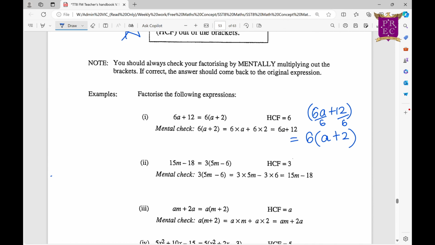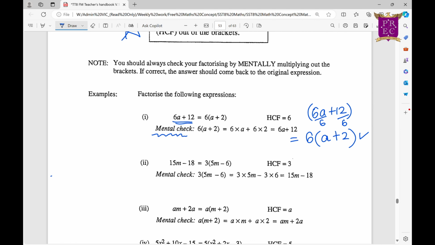And if you do a mental check, which is just to multiply what you've factorized, 6 times a is 6a, 6 times 2 is plus 12, and so if you expand, you are left with the original expression, so this is correct. So if you are unsure of anything you factorize, just make sure you do a quick mental check by expanding the brackets of what you factorized and check if it gives you the original expression.